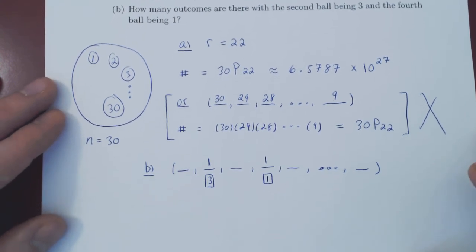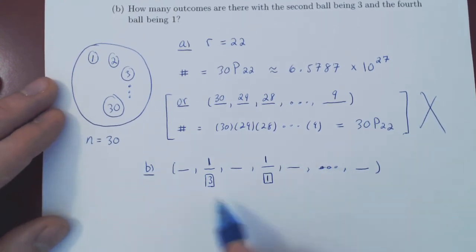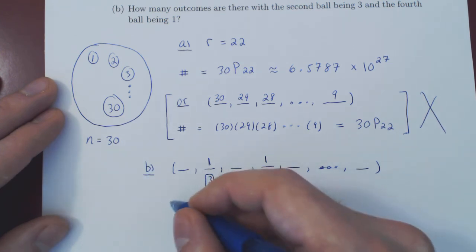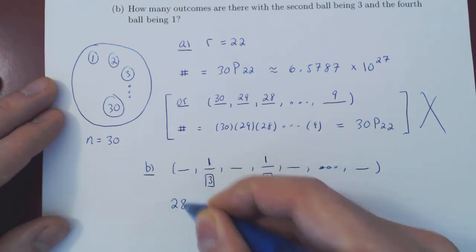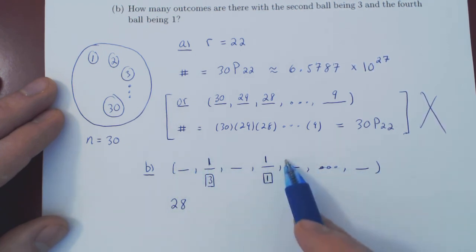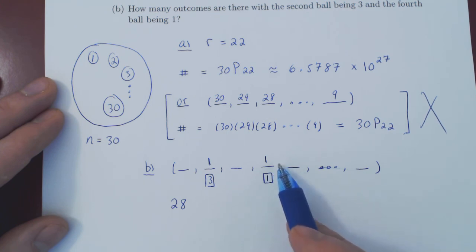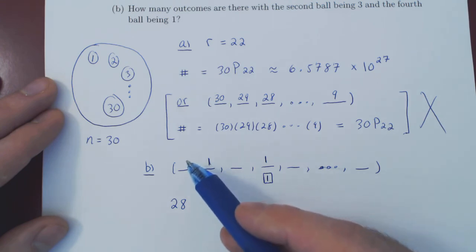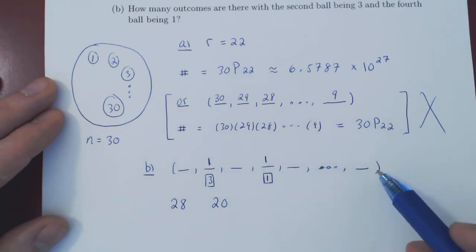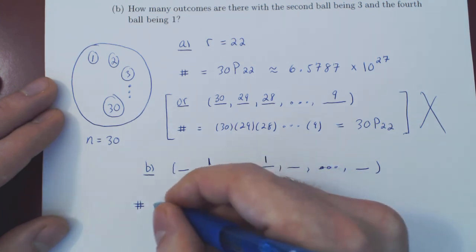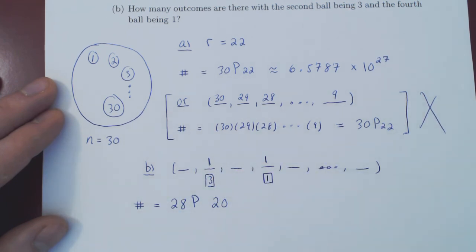So if you think of it, that leaves you with how many balls? Well, as it is without replacement, we have 30 minus 2 balls, therefore 28. There were 22 picks in total, but 2 have already been made, and so we're left with 22 minus 2 picks, therefore 20. And again, the selection is ordered, and again without replacement. So the total number of possible such selections is 28P20.